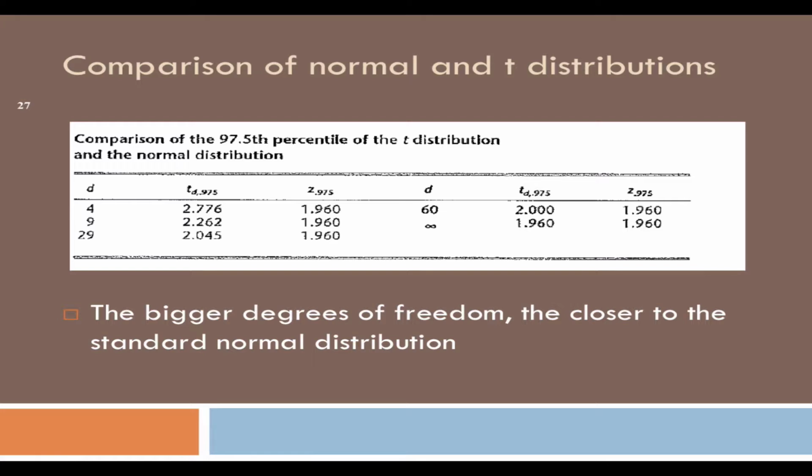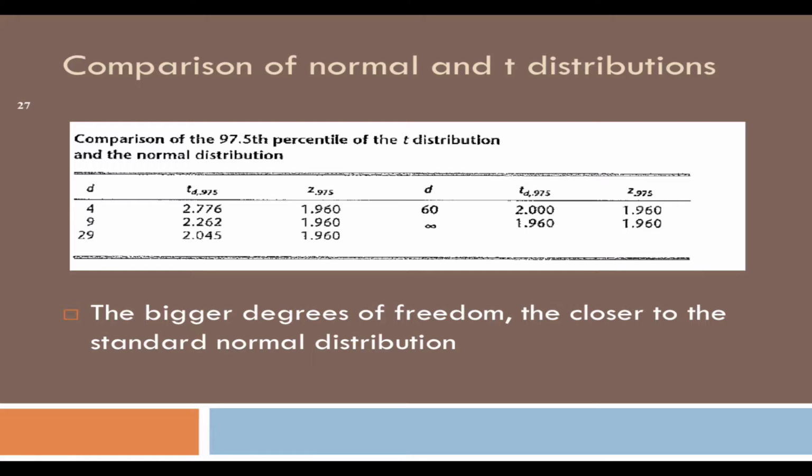Suppose n equals 29, and you've got x bar and you've got s. Then the confidence interval of mu, the population parameter, equals, so this t, n minus 1 is 29, n is 30.